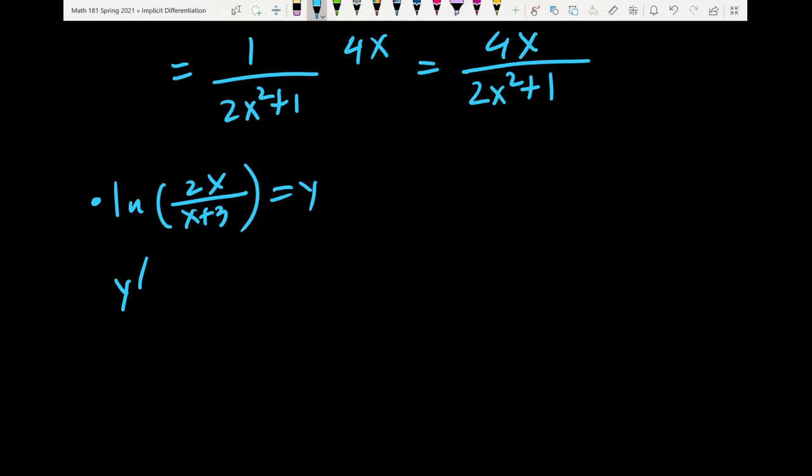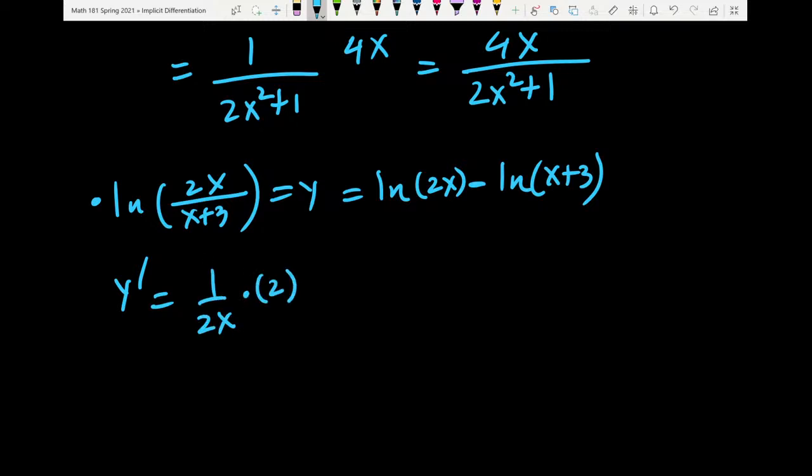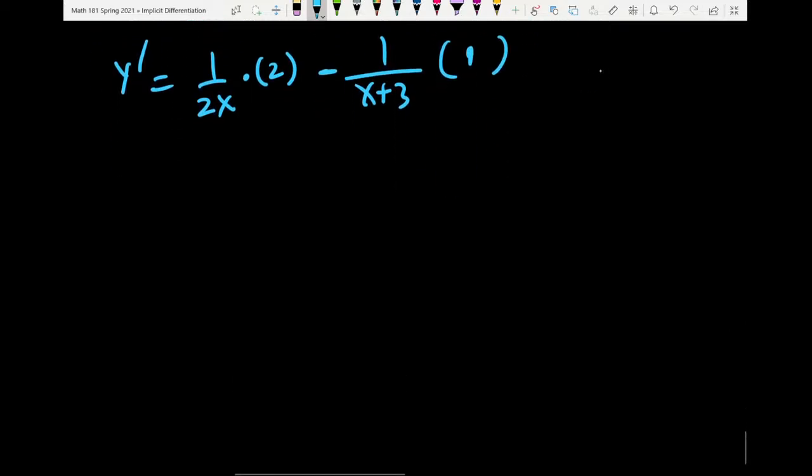Okay, so here's another way of doing that problem. You could rewrite it to make your life so much easier. Now we could do the derivative of that. It's super easy. 1 over 2x times the derivative of 2x, which is 2, minus again 1 over x plus 3, and the derivative inside is just 1. And once we simplify it, I just get 1 over x minus 1 over x plus 3.